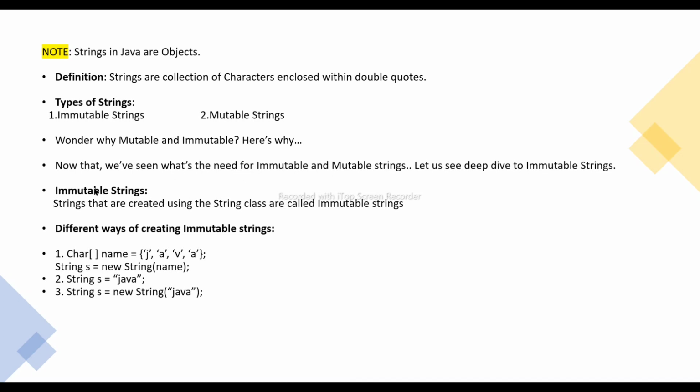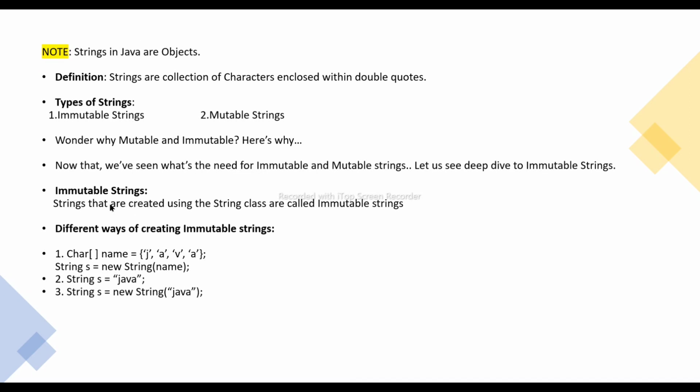The topic I have chosen today is immutable strings. As mentioned earlier, immutable strings are strings which cannot be changed. From the beginning I am emphasizing a particular point: strings are objects in Java.